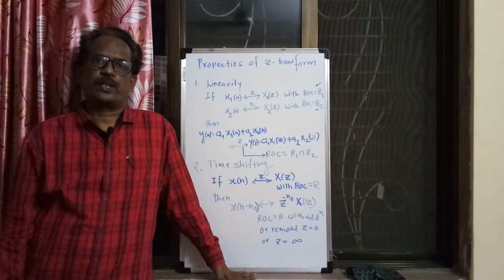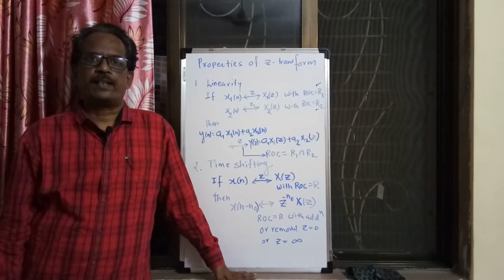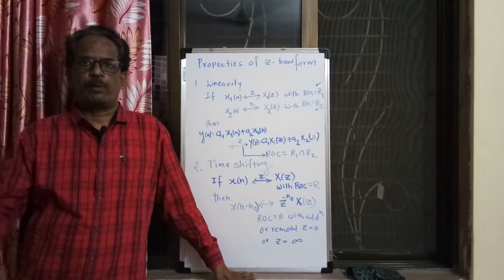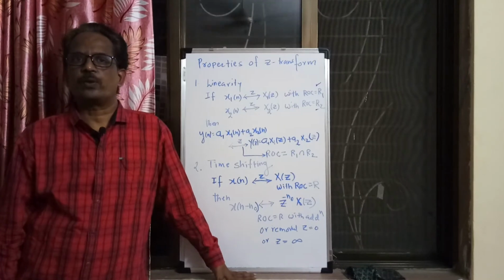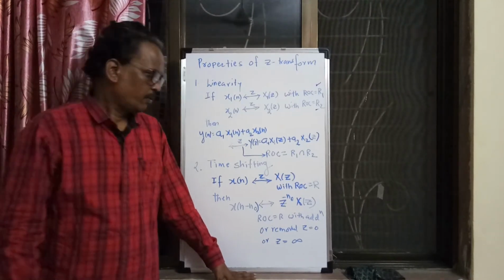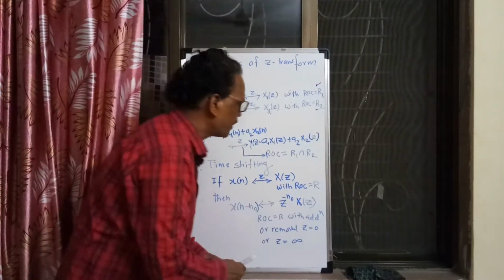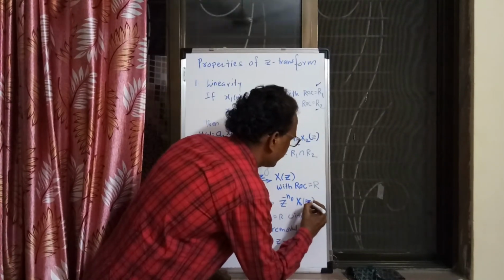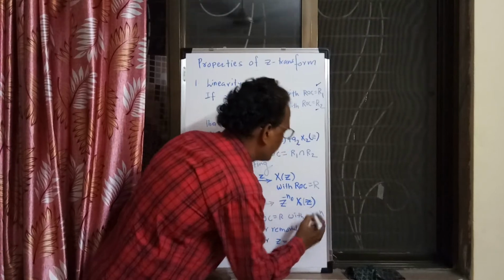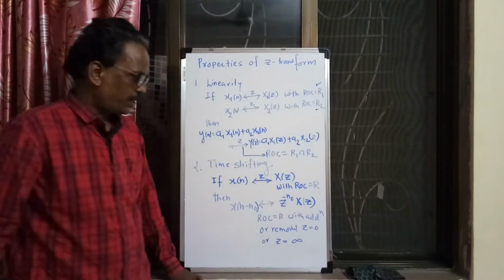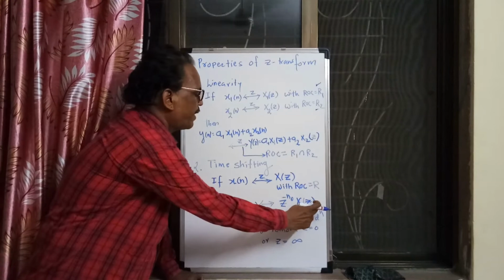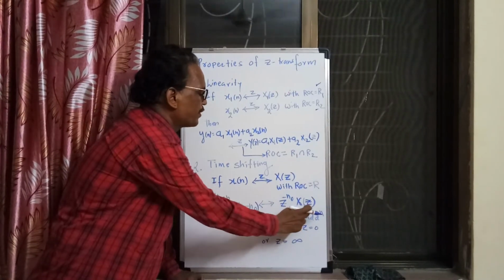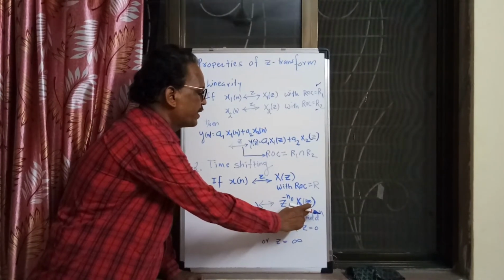If Z raised to minus k is there, then 1 by Z comes, and in that case Z equal to 0 is not possible, provided this X(Z) does not have a factor of Z raised to the power n0. If there is such a factor, in that case the ROC will not change.